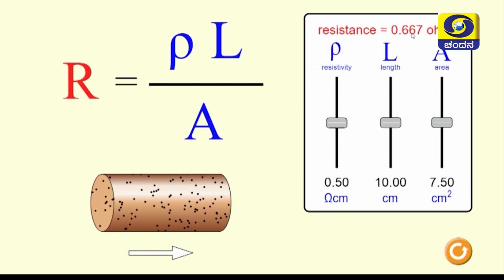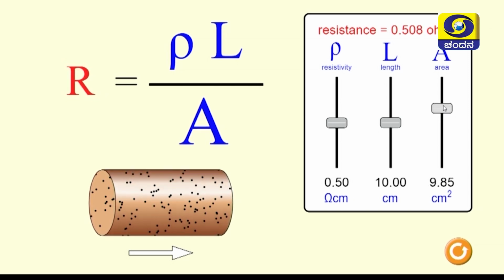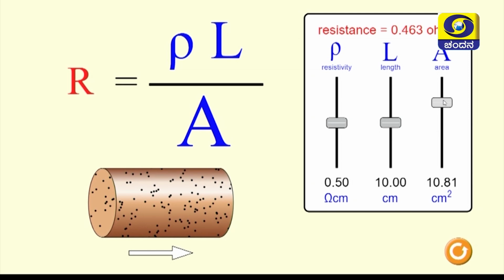As you can see, the resistance is 0.667 ohms and the area of cross section is 7.50 centimeters square. Now just observe the resistance. What is happening to the area of cross section? It is increasing. The wire is becoming thicker or wider, and the resistance is decreasing. As you can observe, it has come to around 0.4 ohms.